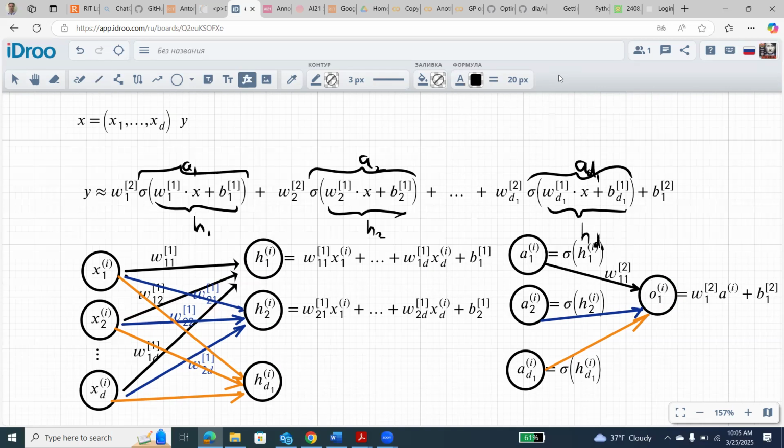You remember last time we were talking about blending models, so it's kind of blending of these linear regression models.